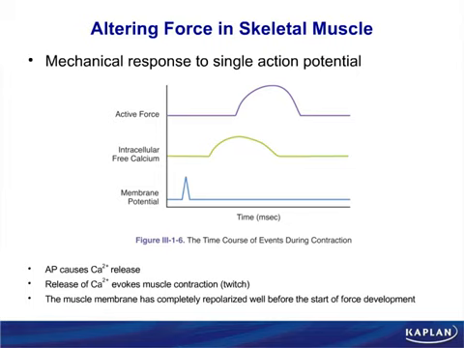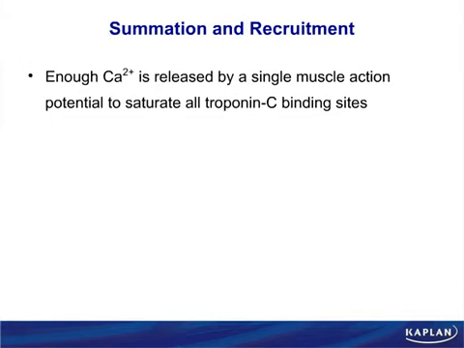And that becomes important because there are two ways that skeletal muscle can increase its force. One will be summation. Summation is one. The second is recruitment. Now, for skeletal muscle, and again I want to emphasize this is skeletal muscle, you release enough calcium from the SR to saturate all the troponin C binding sites, which means all the myofibrils, all the sarcomeres are involved.